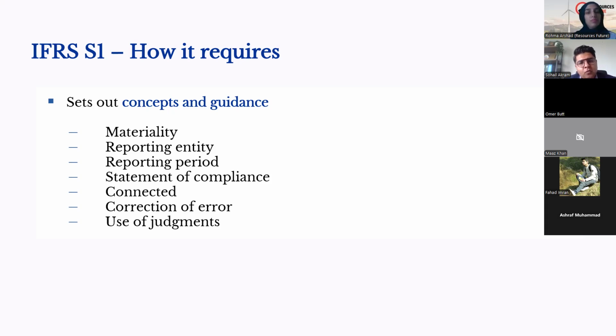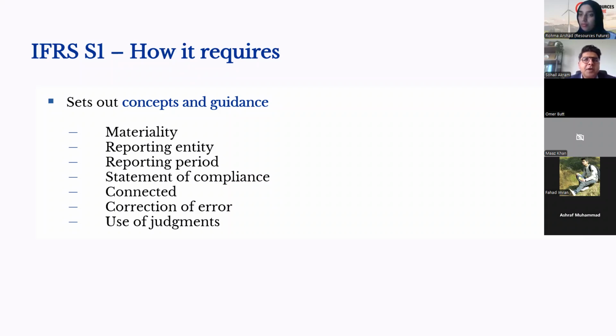So this is again similar to what we have in IAS 8, the International Accounting Standard 8, that contains the definition of materiality, and in fact ISSB or IFRS S1 has copied that definition and borrowed that concept.